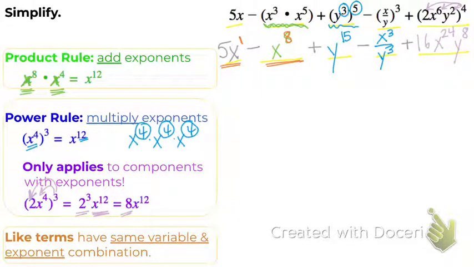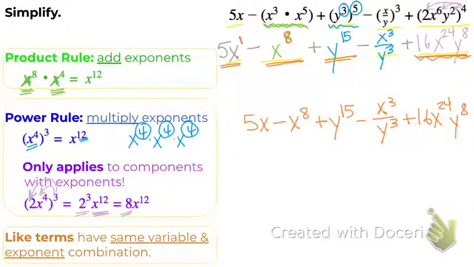So those are not like terms. This has an x, but it also has a y. So that's also not a like term. Or this has a y and this has a y, but again, one of them just has a y, the other one has a y and an x. So in this case, each of these terms are different. None are alike that we can combine. So this here would be our final answer.